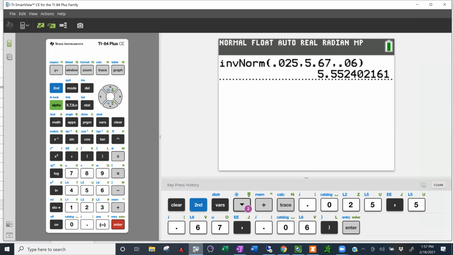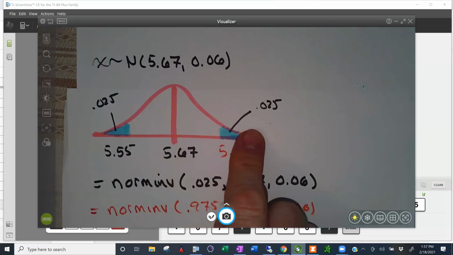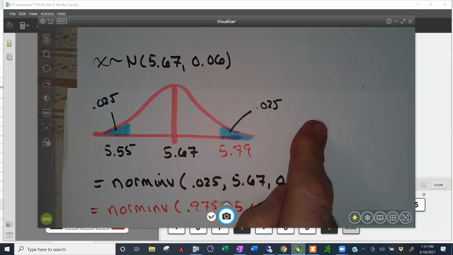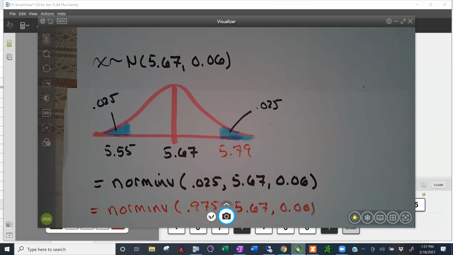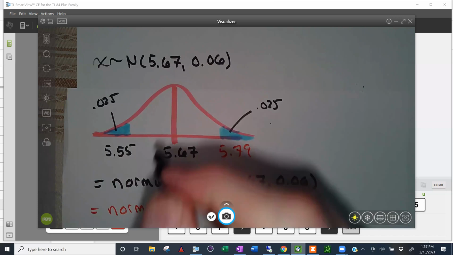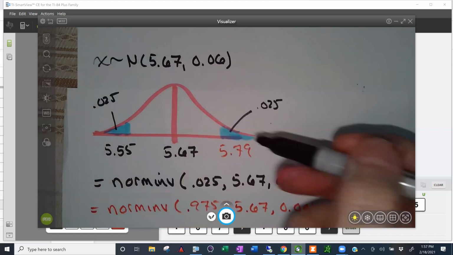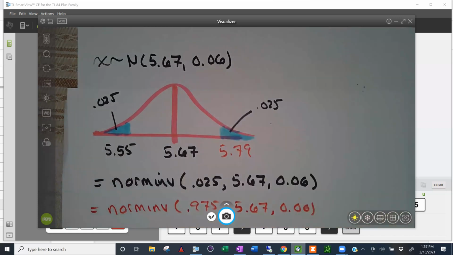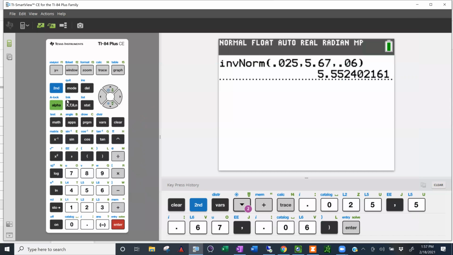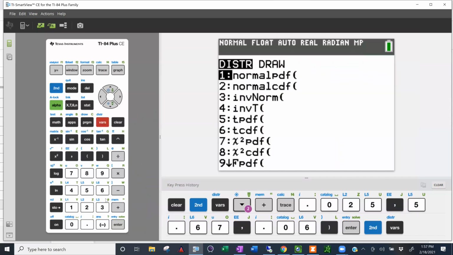If I want to repeat this and get the other point, so that 2.5% of the area is in the right tail, what you have to realize is that it's really going to mean 97.5% of the area is in the left tail. So let me repeat my calculation. Go back to the distribution menu, select the third option down.